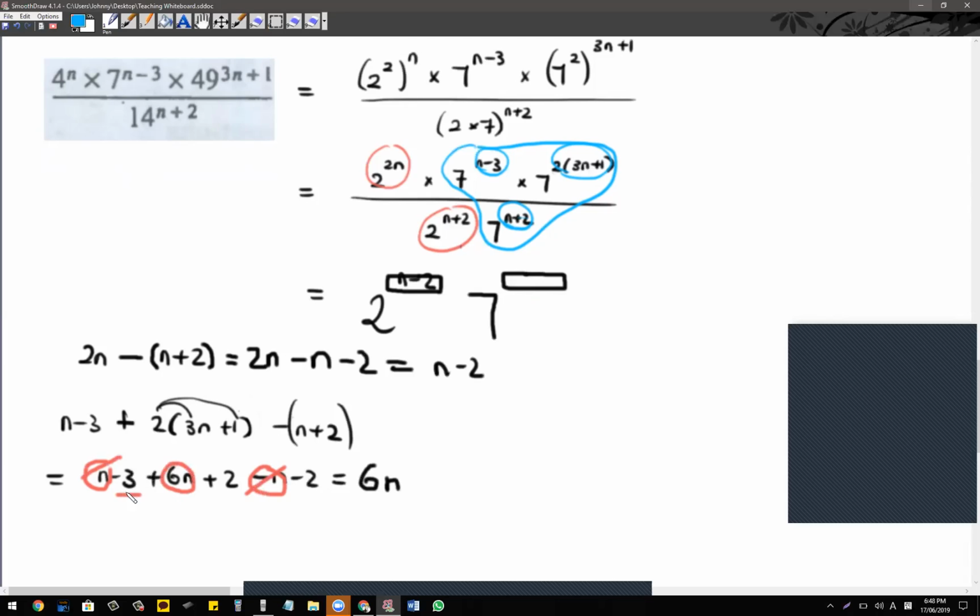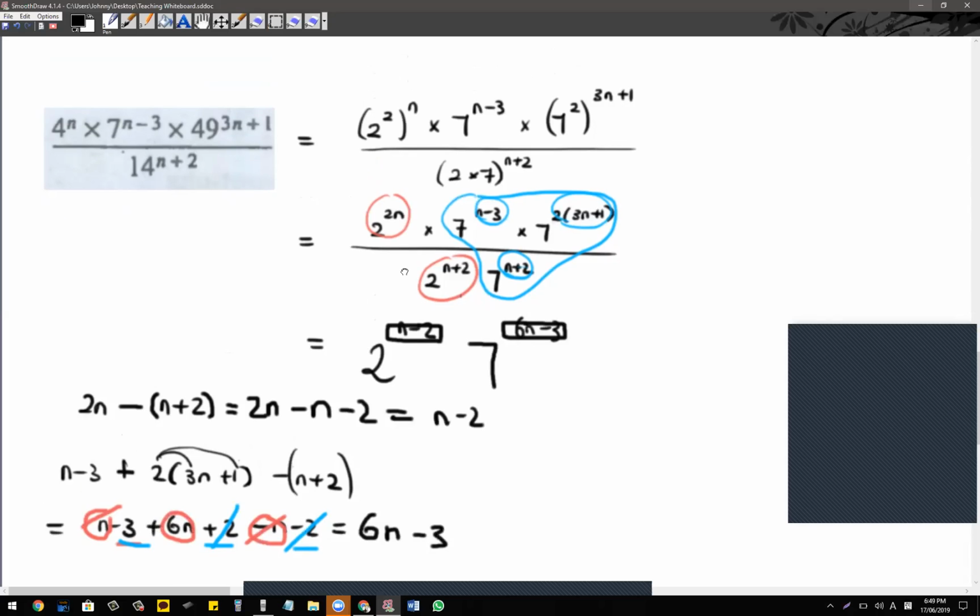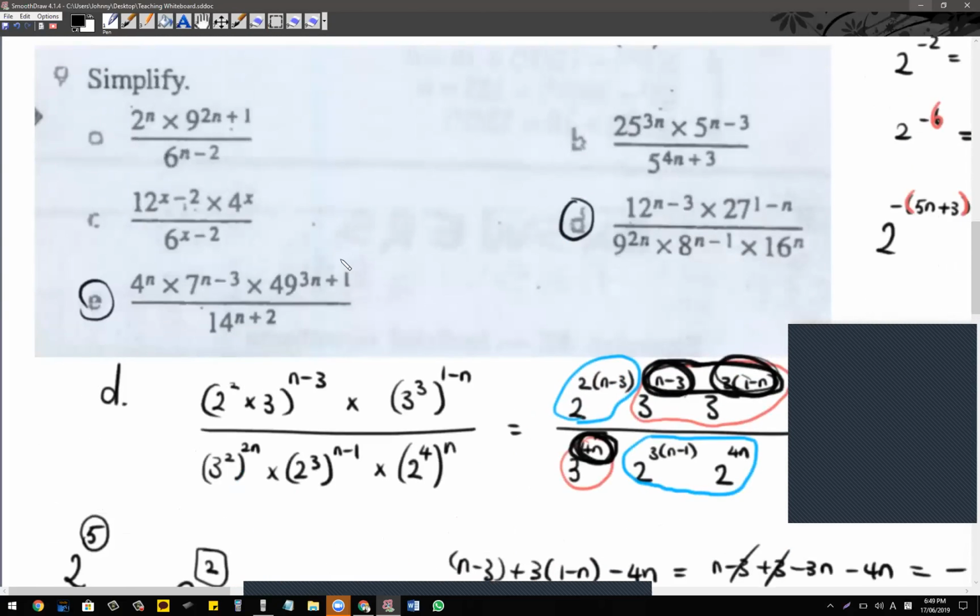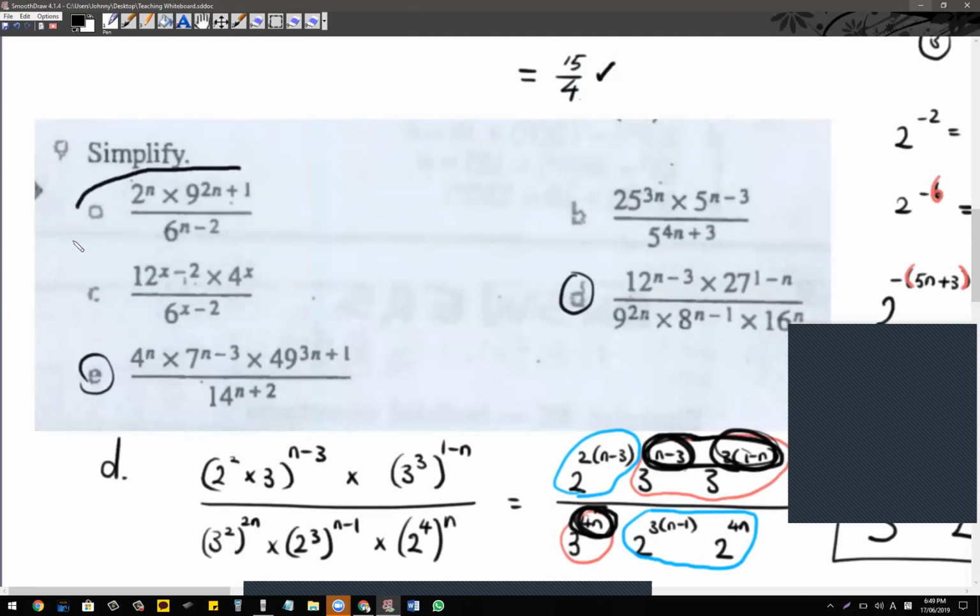This one is negative 3, positive 2, negative 2, negative 2, positive 2 cancel out. You get negative 3. So you get 6n minus 3 for that. The first one was n minus 2. The second one is 6n minus 3. I don't think that's too bad. Make sure you try this yourself. Okay.